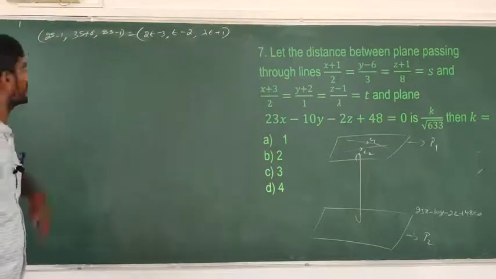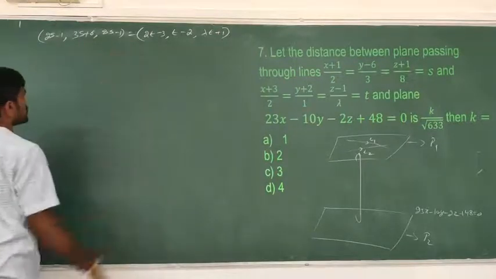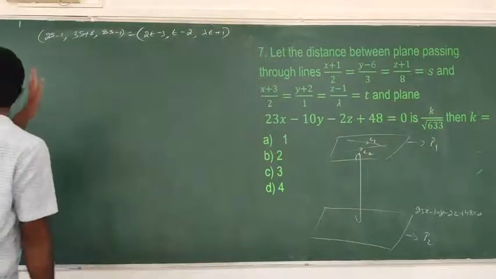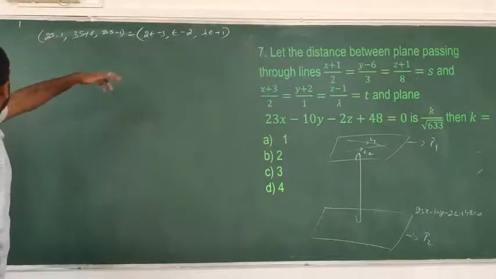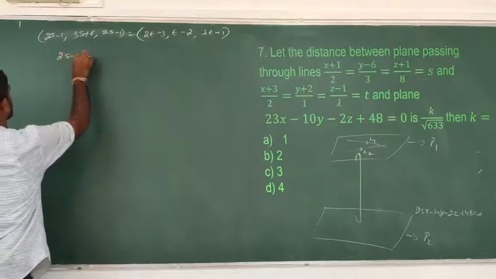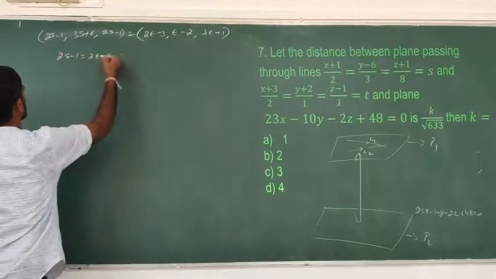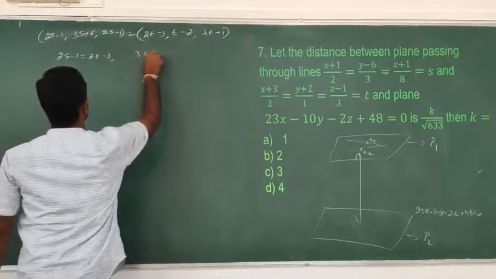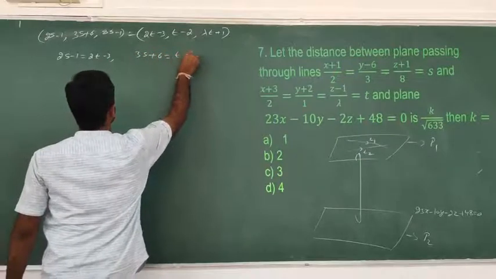We were taking that only for this purpose. So comparing these two, we get 2s minus 1 is equal to 2t minus 3, and also 3s plus 6 is equal to t minus 2.